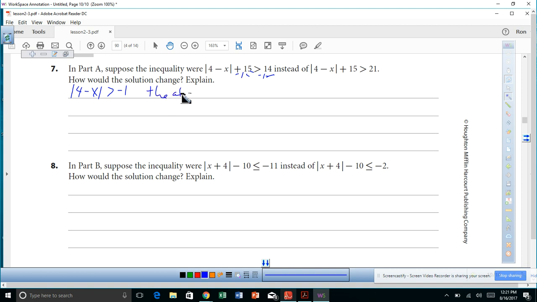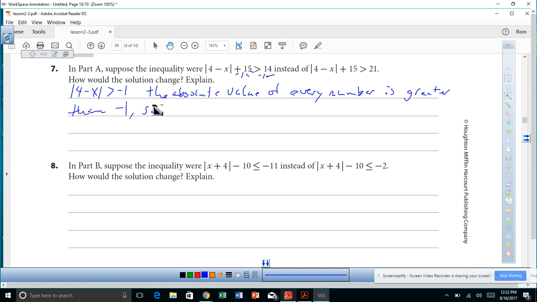The absolute value of every number is greater than -1.